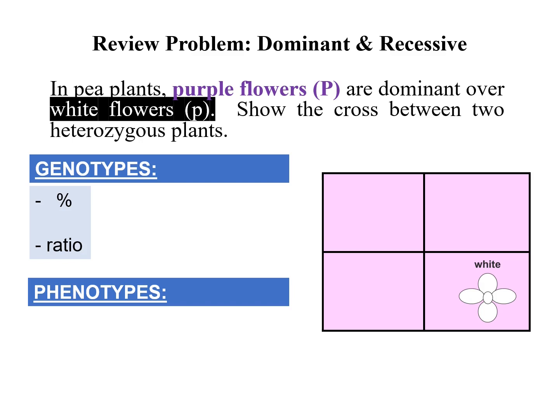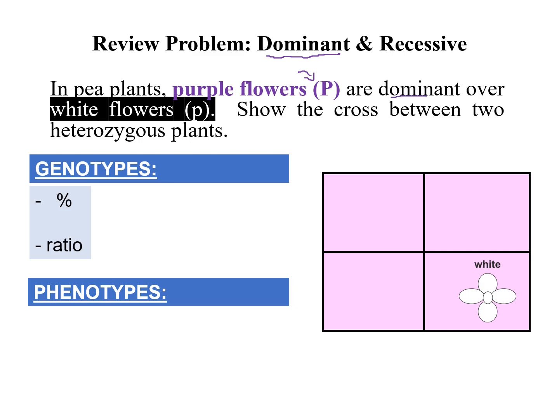Okay, so let's read this exercise, and it says something very important. They say, in pea plants, you have purple flowers that have the symbol capital P, so that is in purple. So you have purple flowers that are dominant.